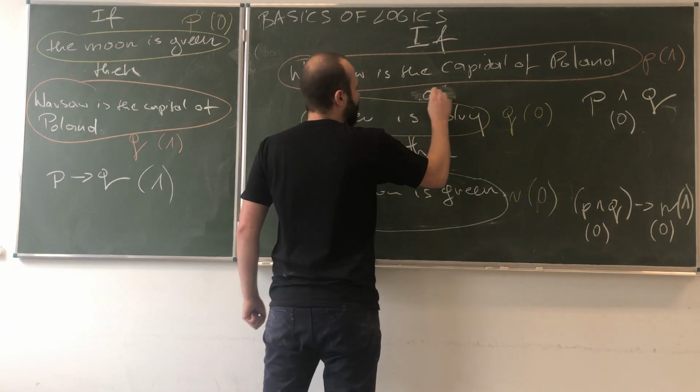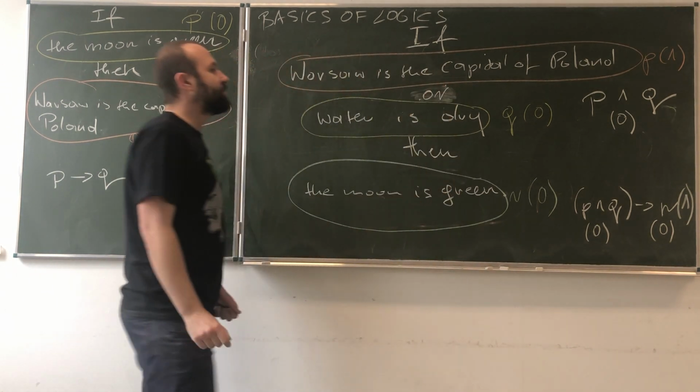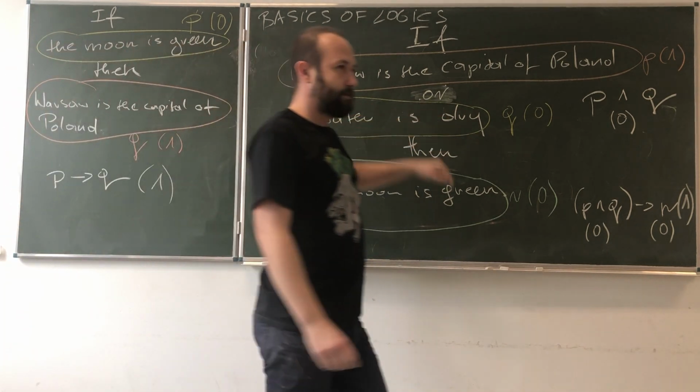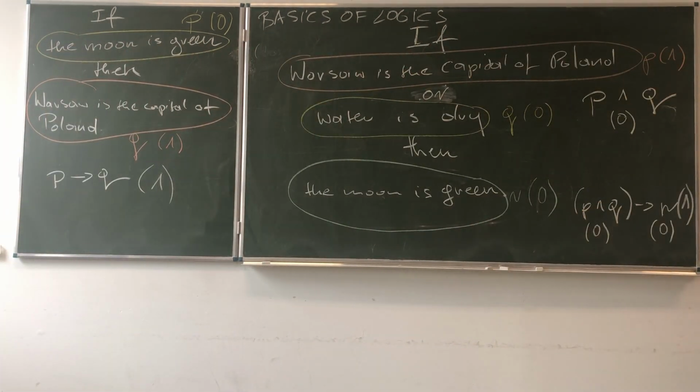Okay, now let me just change something slightly here. What if I would put or over here? Well, this would change a lot. Look, because if we got or, so if I have alternative, disjunction, I would have here or. And now look, in case of or, only one of the statements needs to be truthful for the entire statement to be truthful.